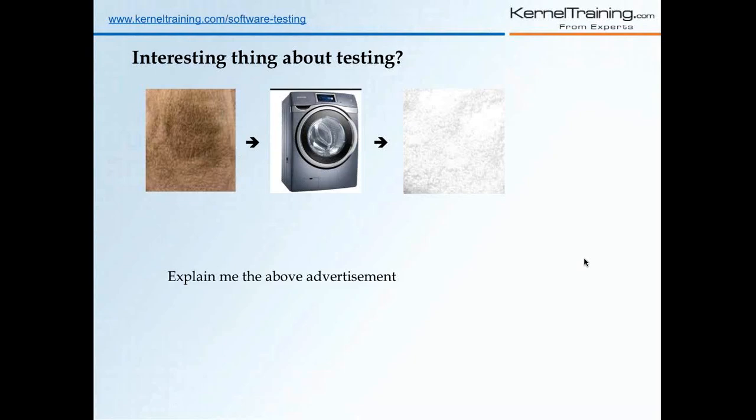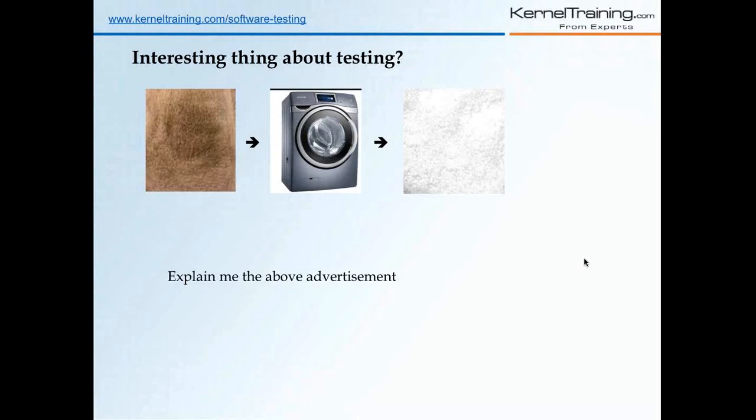If I put this advertisement in a country where people read from left to right, it is absolutely fine, no problem. I'm having a dirty cloth, I'm putting it in a washing machine, and then I'm getting a clean cloth.